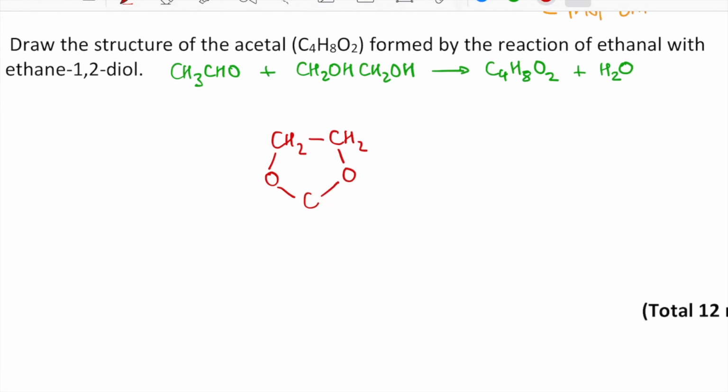So if we think about what we've done here, there's our ethane 1,2-diol. That comes, I think we can be pretty confident, from our ethane 1,2-diol. So the other carbon, the thing I haven't highlighted yet, must come from the ethanal. And ethanal, the eth tells us it's a 2-carbon chain.